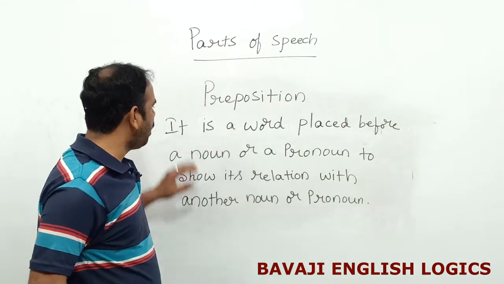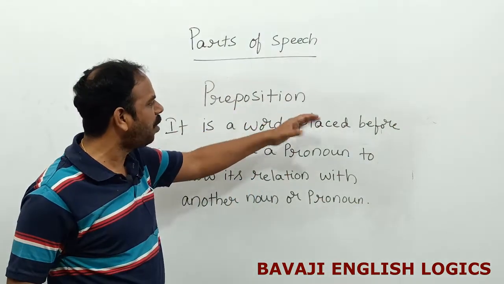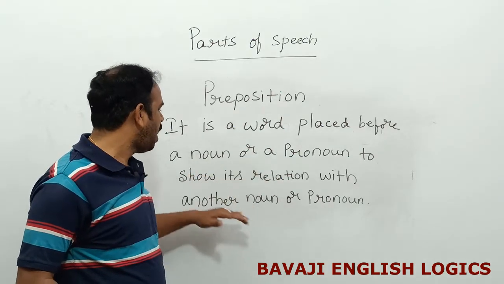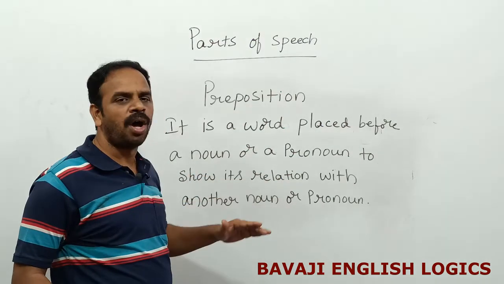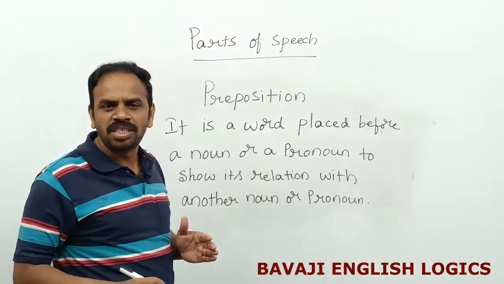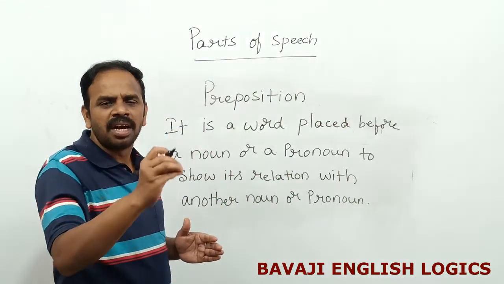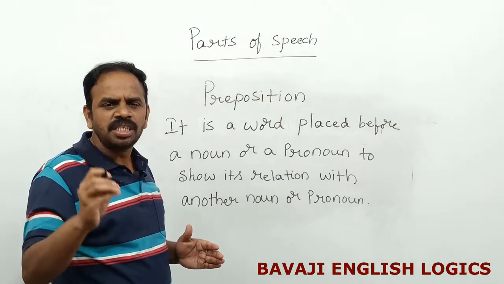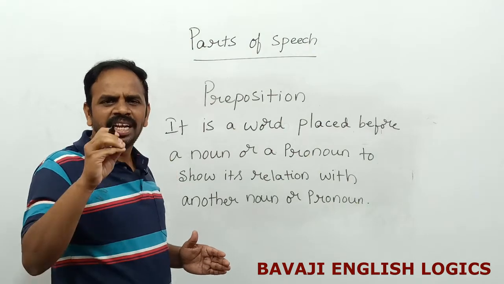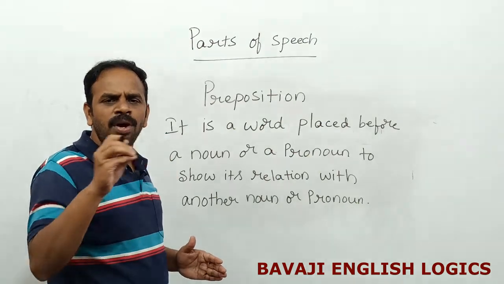So, a preposition is a word placed before a noun or a pronoun to show its relation with another noun or pronoun. So, a preposition is a relating word. What is a preposition? A relating word. Where is it placed? It is placed before a noun or a pronoun. Why is it placed before a noun or a pronoun?